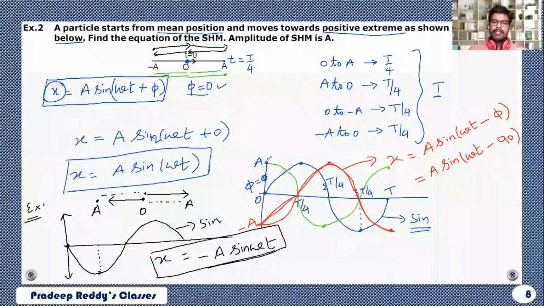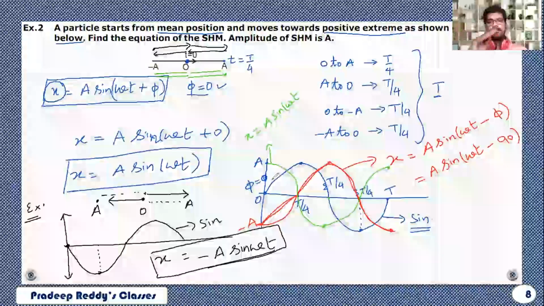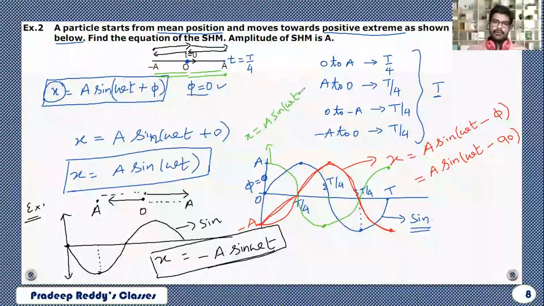So finally it has reached plus a where it had started. In this case you can write this as x is equal to a sine of omega t. From mean position, it is right side, that is positive x-axis. Therefore, here you will write it as plus 90 degrees. This is a sine omega t plus 90.